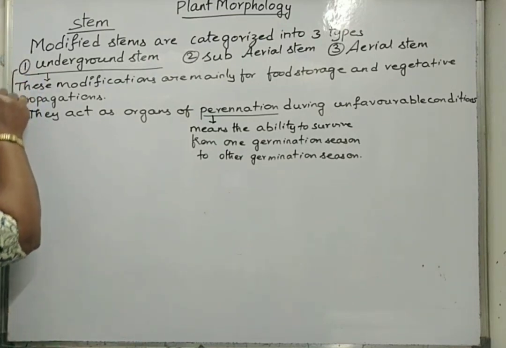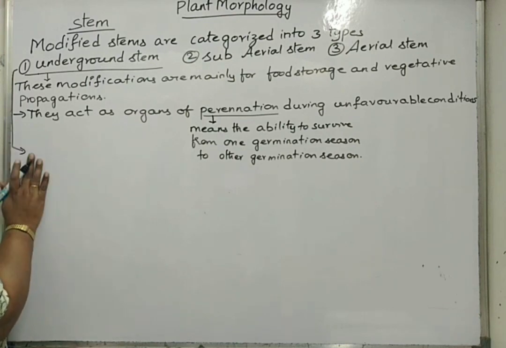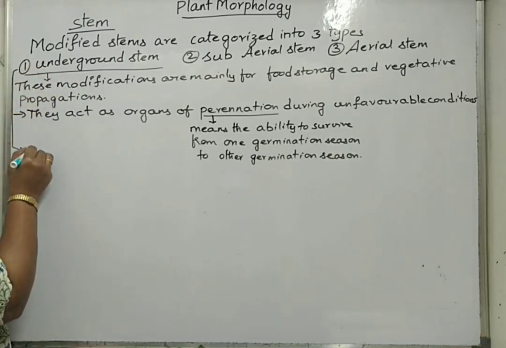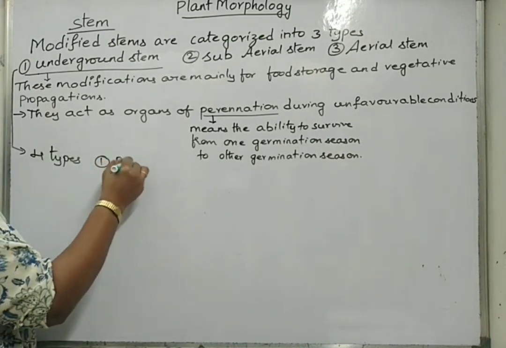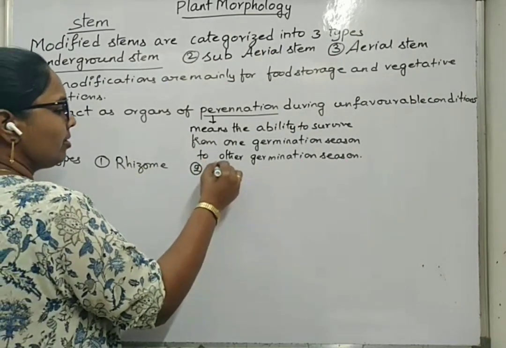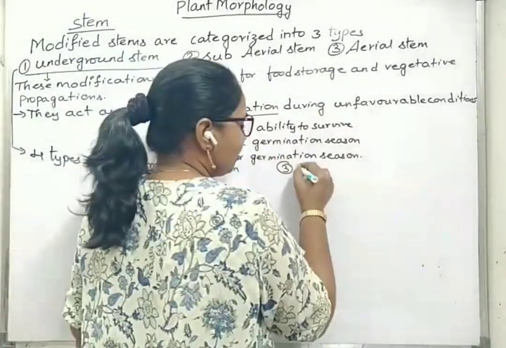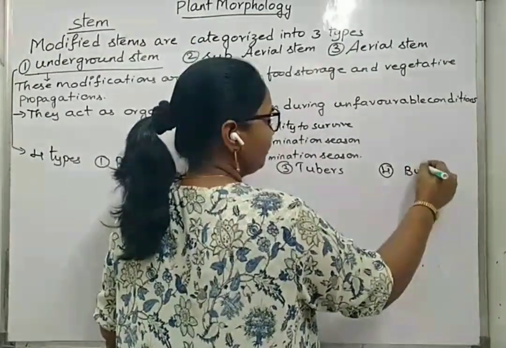So, what are the types of underground stem modifications? They are modified into 4 different types. First one, rhizome. Second one, corm. Third one, tubers. Fourth one, bulb.